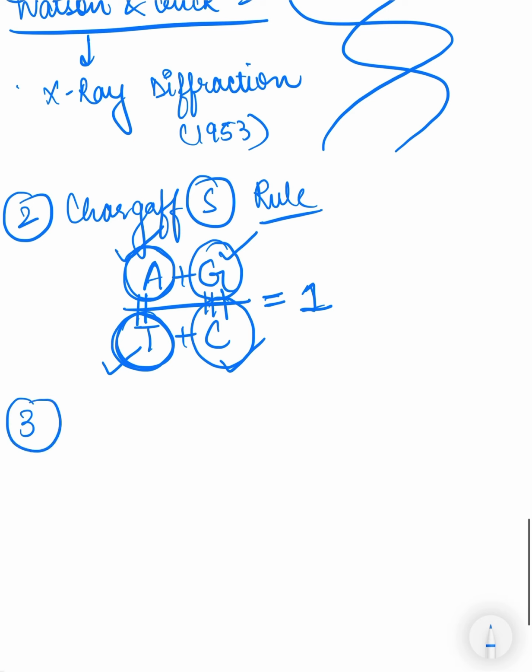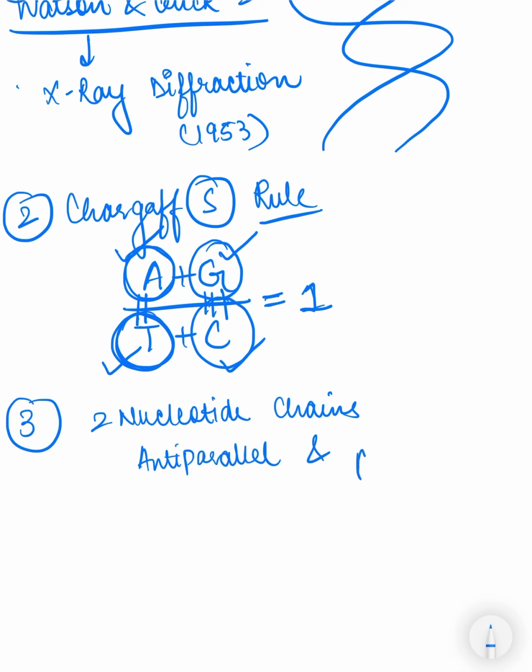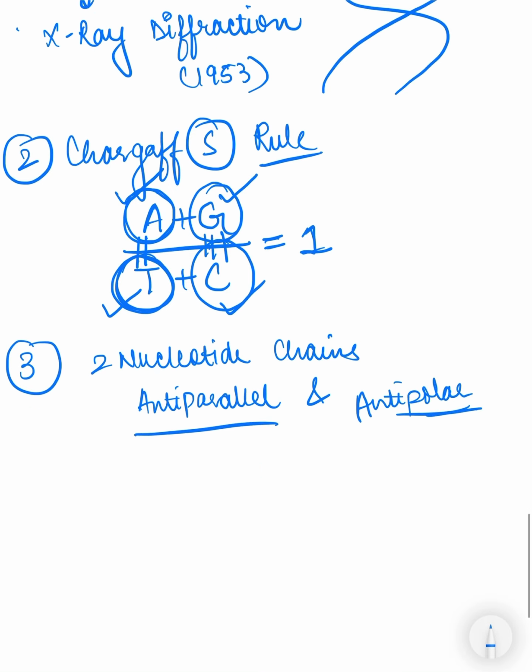Now the third feature of DNA is that the two nucleotide chains of DNA are anti-parallel and antipolar. Now what are these two terms, anti-parallel and antipolar?